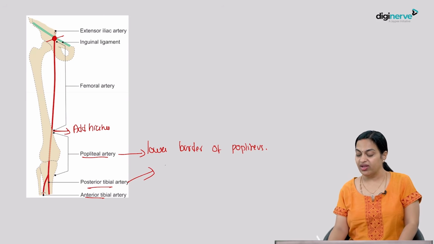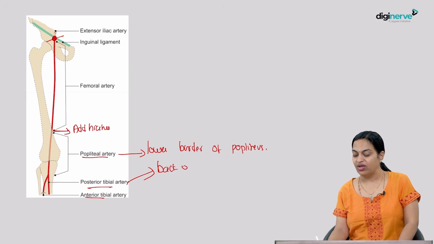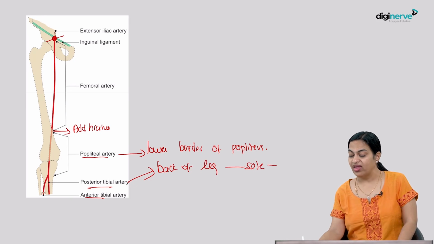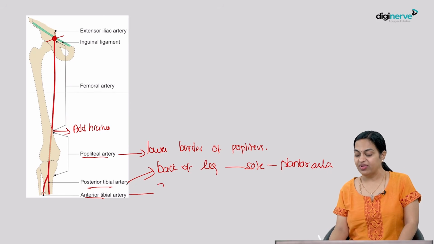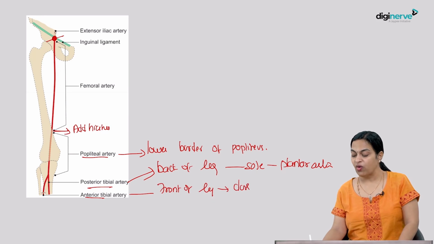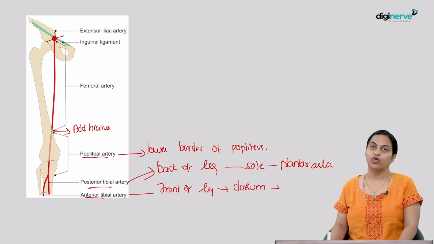The posterior tibial artery continues over the back of the leg and also into the sole as the plantar arteries. Whereas the anterior tibial artery, you can see in the front of the leg. If you trace it further, it goes to the dorsum of the foot as the dorsalis pedis artery to provide blood supply.